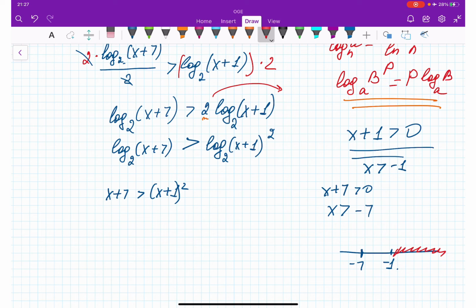And also I got x greater than negative 7, so it's going to go this way. So eventually, starting from negative 1, they are going to get a common answer, or common restriction. X has to be greater than negative 1. That's the reason.